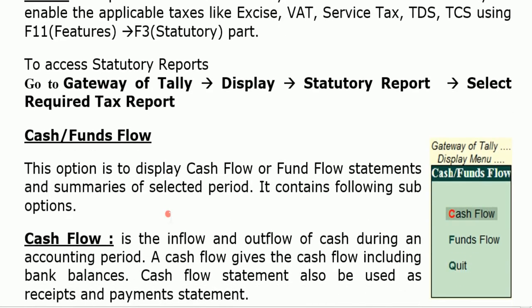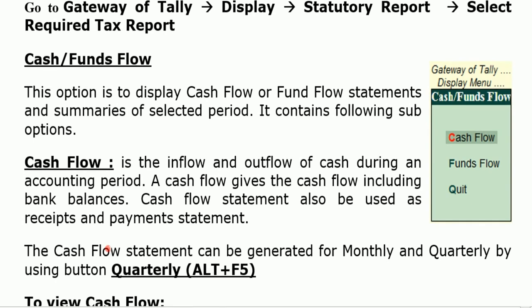And in the display menu, there is a cash or funds flow option. Cash or funds flow. This option is to display cash flow or fund flow statement and summarize of selected period. It contains following sub options. Cash flow is the inflow and outflow of cash during an accounting period.